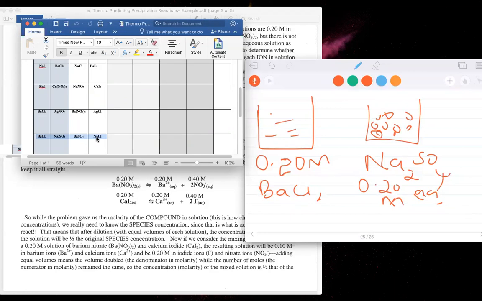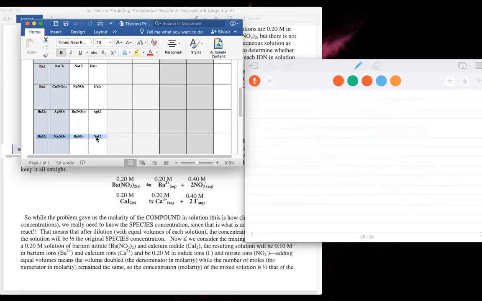Or first, before I mix the two, I'll say for barium chloride, this is before I mix. I have chloride ion, negative, aqueous.